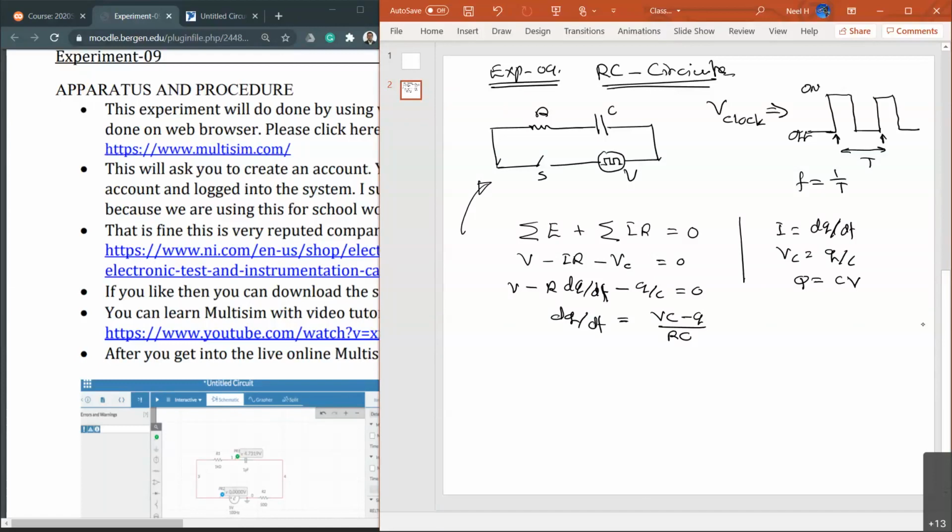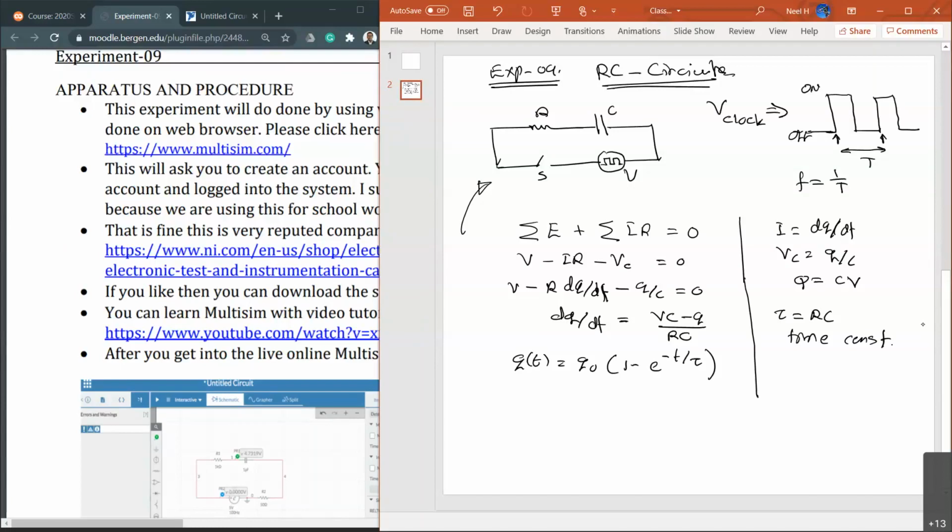The charge as a function of time on this circuit becomes Q equals Q0 times (1 minus e to the power of minus t over tau). Then we discussed a very specific property called tau. Tau is actually R times C. That is called the time constant. Why is it the time constant?